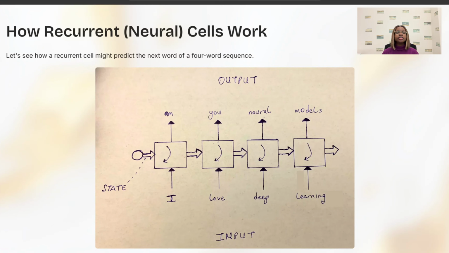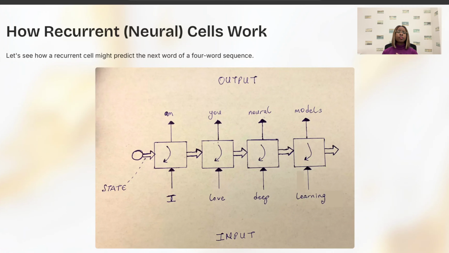Let's start with the circle to your left. This circle signifies the initial state. Because this is the initial state, it's going to be empty, full of all zeros, a zero vector. And so it begins. The first input is I.